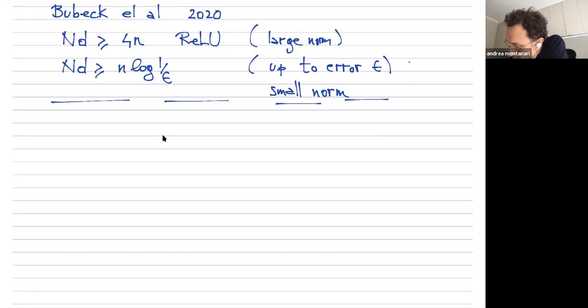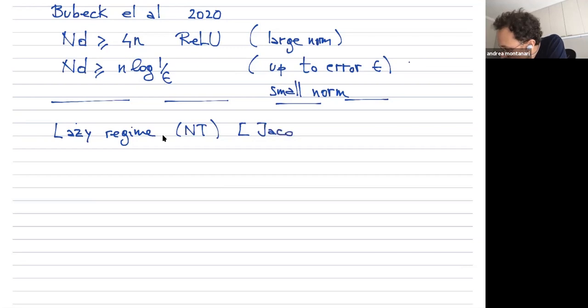Okay, so right, we addressed this question in what's called the lazy regime, or also the neural tangent regime. This was first introduced by Jacot, Gabriel, and Hongler.